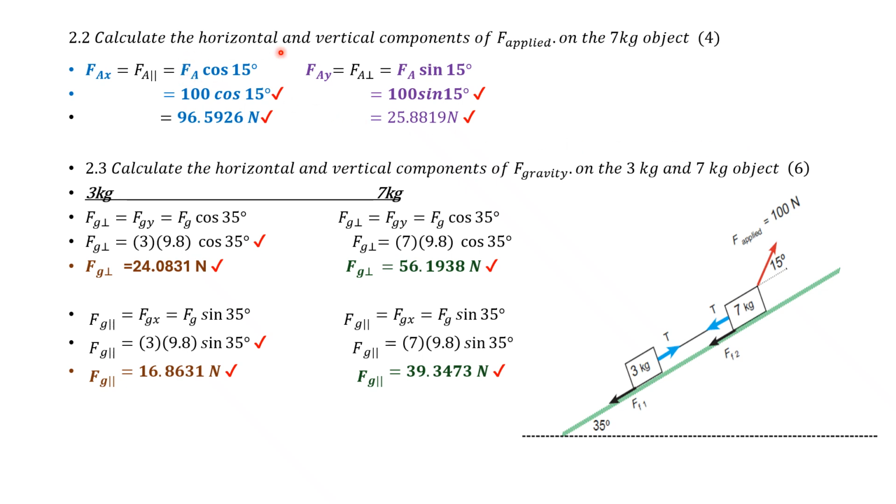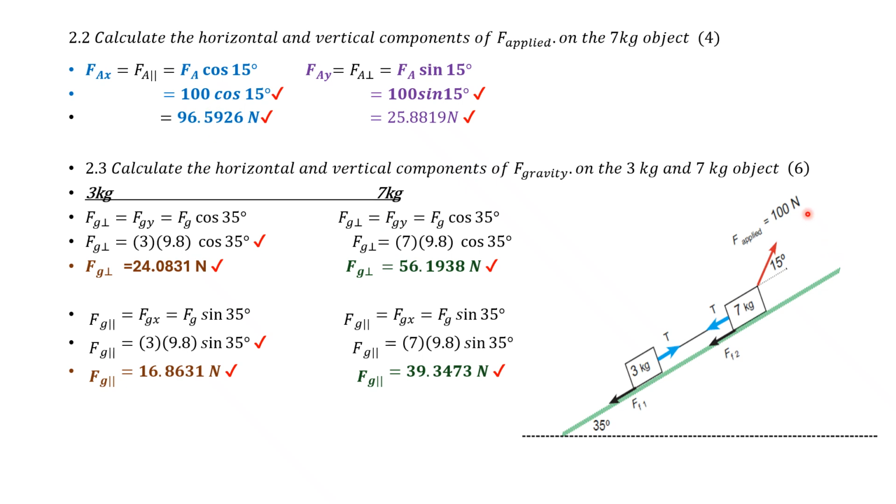So first, calculate the horizontal and vertical components of applied force on the 7 kg object in this case, because that's where the force is applied, not the 3 kg. So X, remember, is normally cos, and Y is always sine. So I can say FAX or FA parallel equals my applied force times the cos of 15.